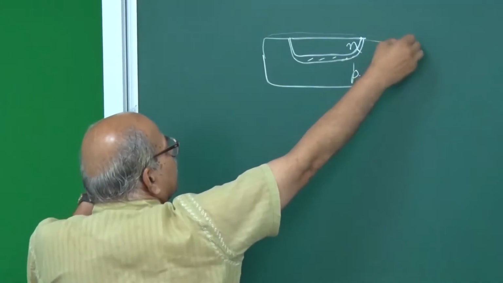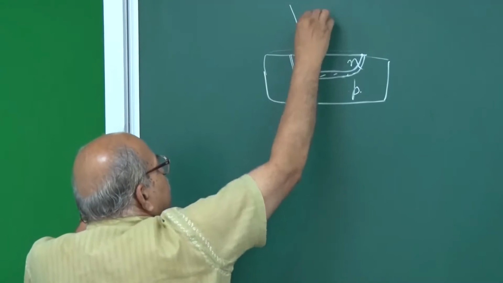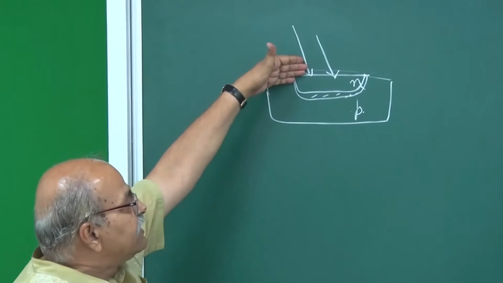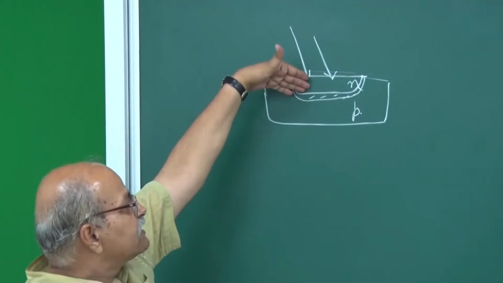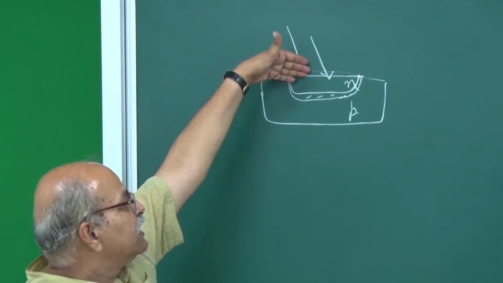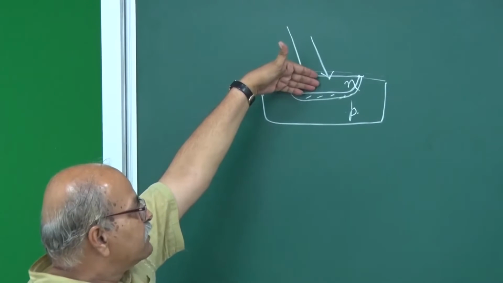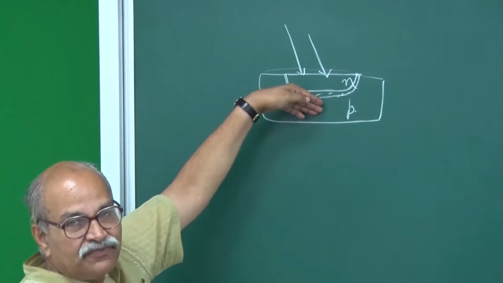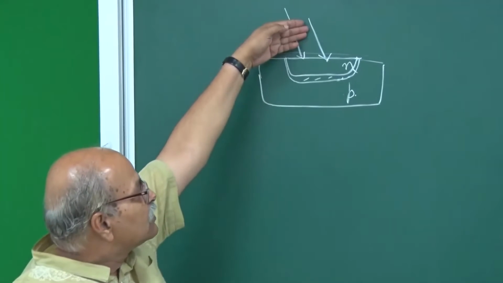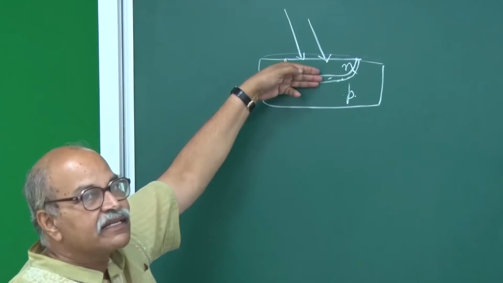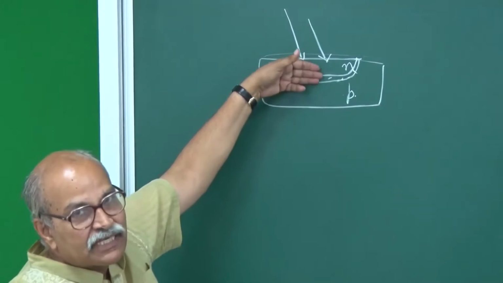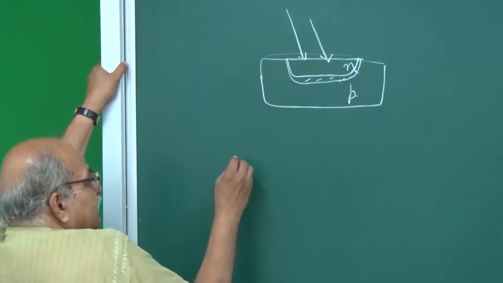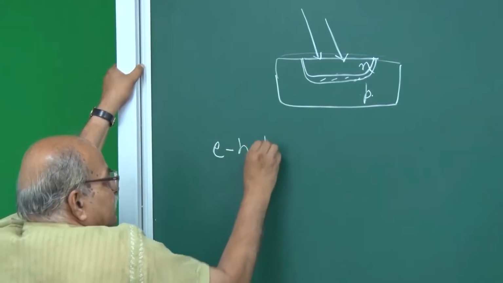So you put some transparent layer, so light falls on this, and depending on the wavelength and the absorption properties, these photons may get absorbed here, may come to the depletion layer, or may come here. What we are interested in is that photons should get absorbed in the depletion layer, or say within one diffusion length on either side. So the photons are falling here, and they are creating new EH pairs.